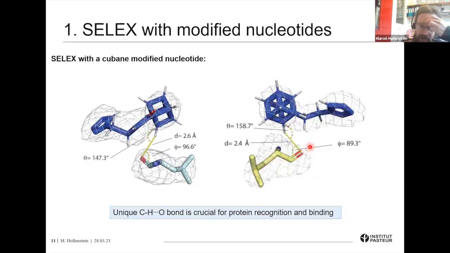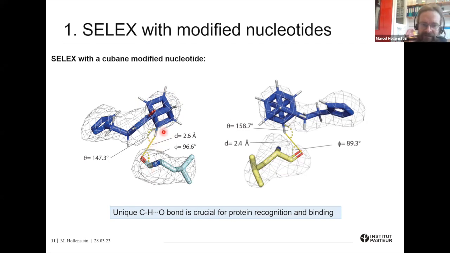Another feature that we observed upon closer inspection of the crystal structure: there's a cubane moiety that is in close proximity to a carbonyl of an alanine residue of the PvLDH protein.